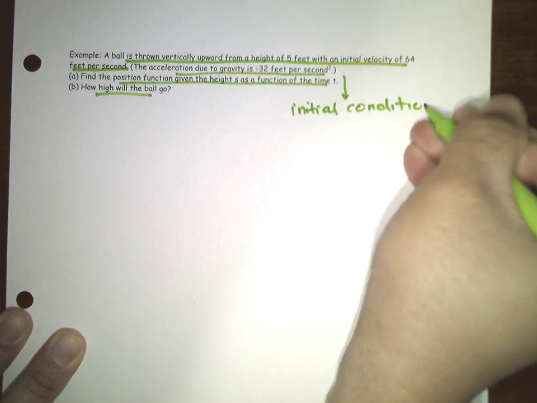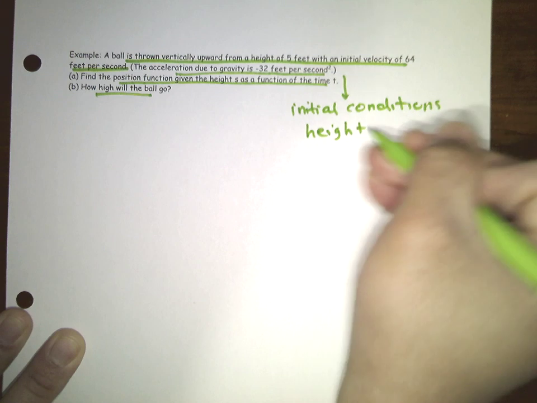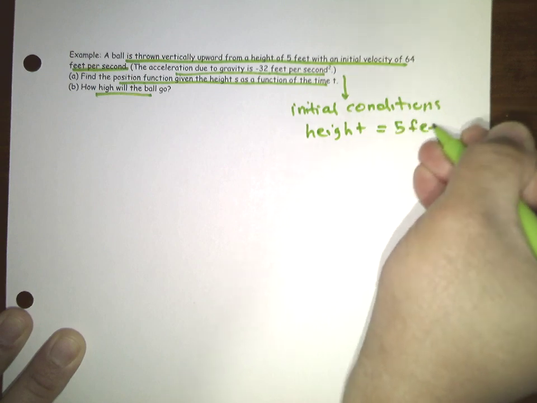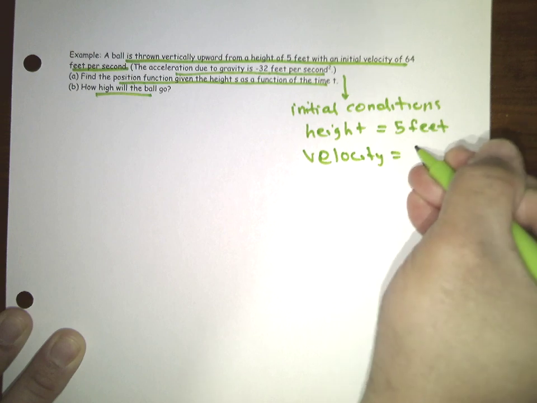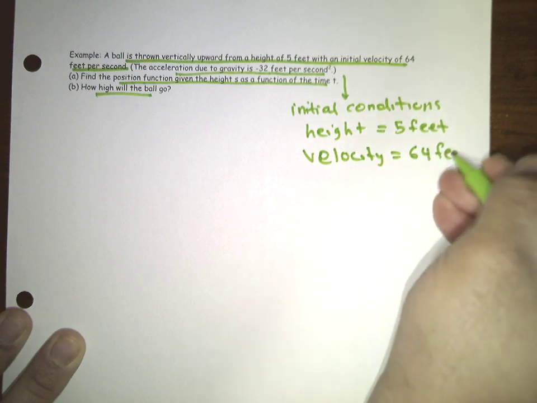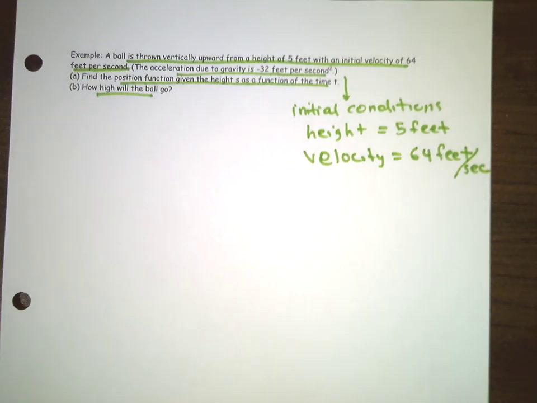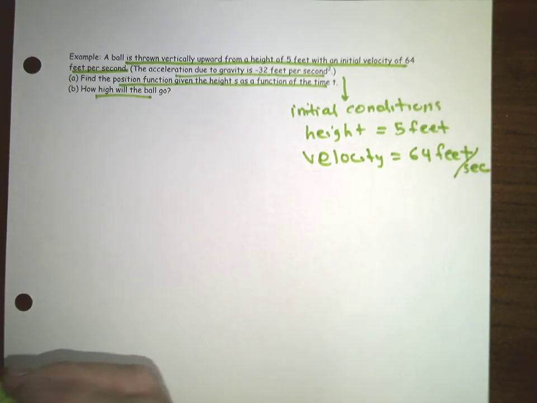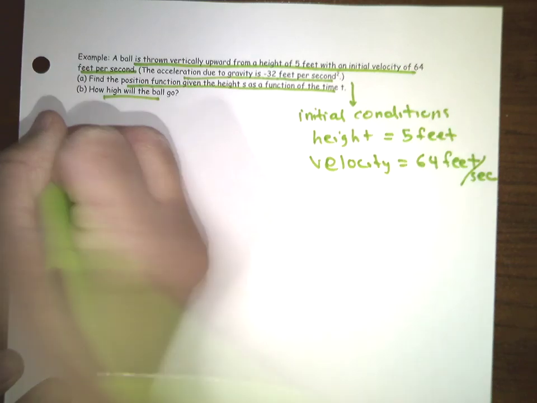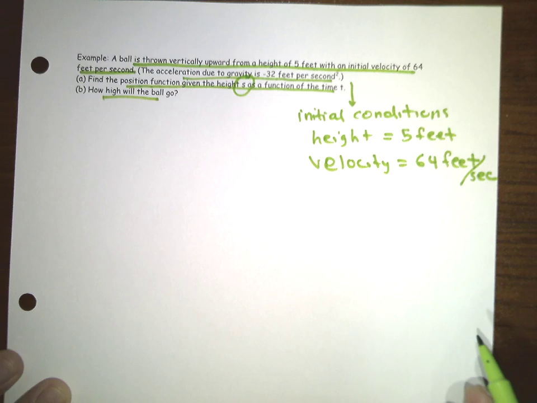the height is 5 feet and the velocity is 64 feet per second. And so then they tell us the acceleration. So the height function is always s. All right, they told us to call it s, and they told us to call t time.